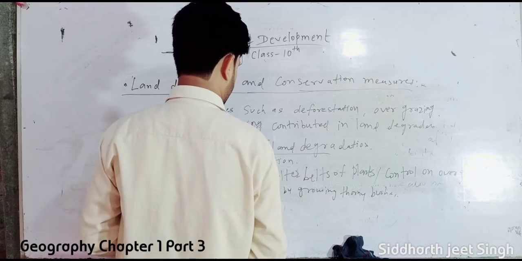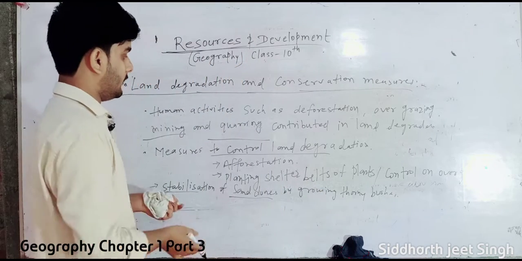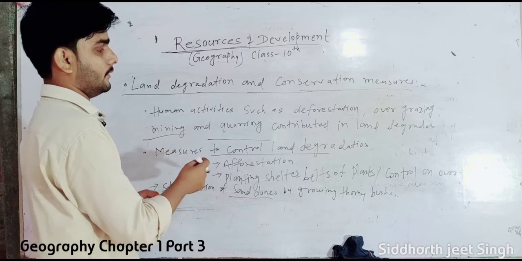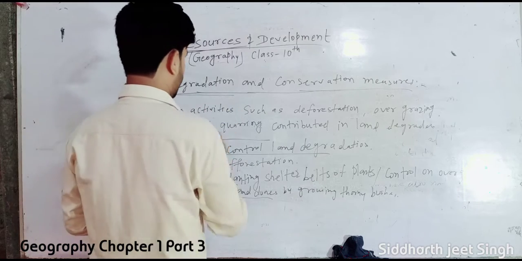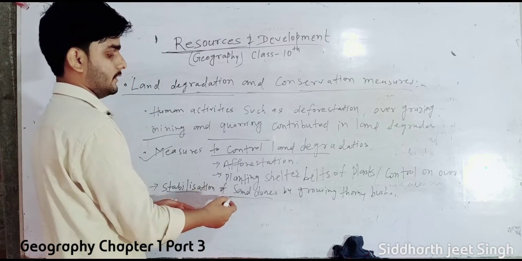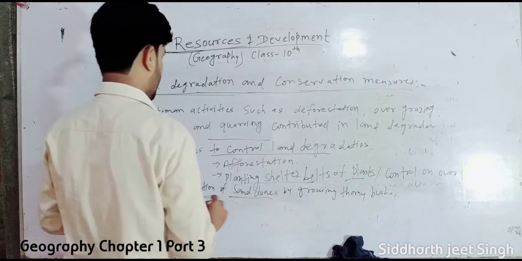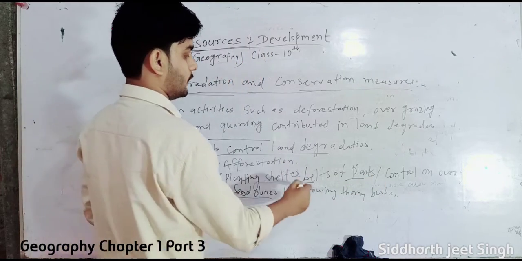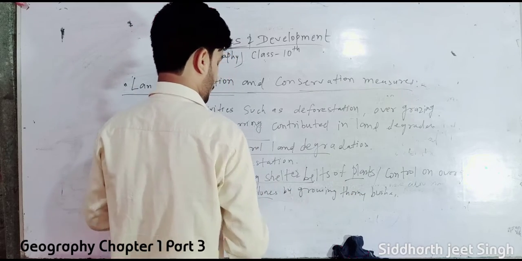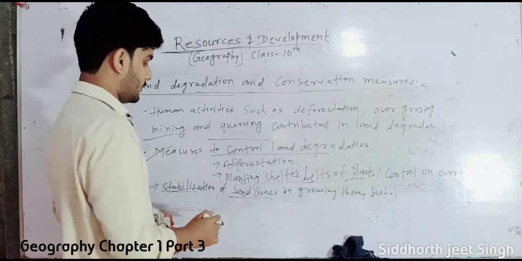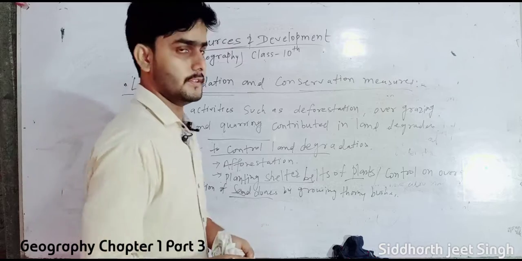Proper management of wastelands and control of mining activities are also part of it. The conservation measures are afforestation, planting shelter belts of plants, control of overgrazing, stabilization of sand dunes by growing thorny bushes, proper management of wastelands, and control of mining activities.